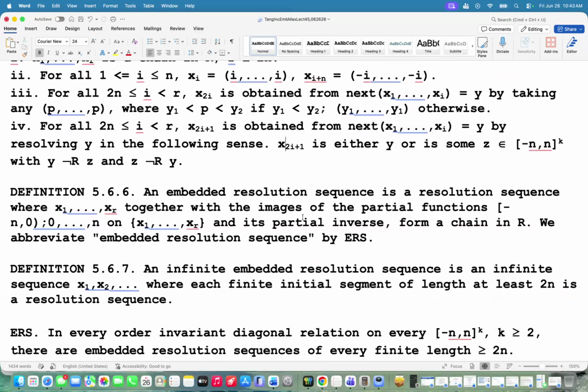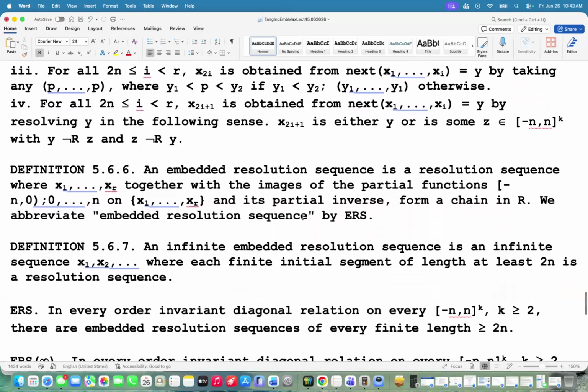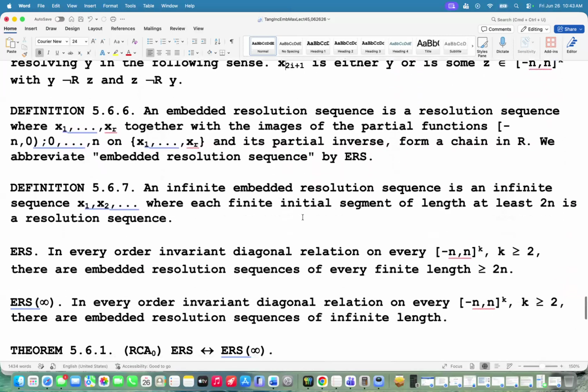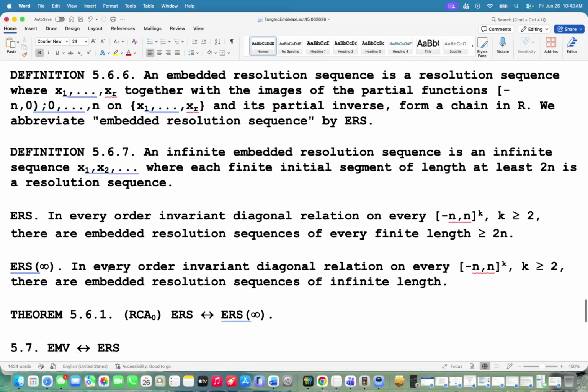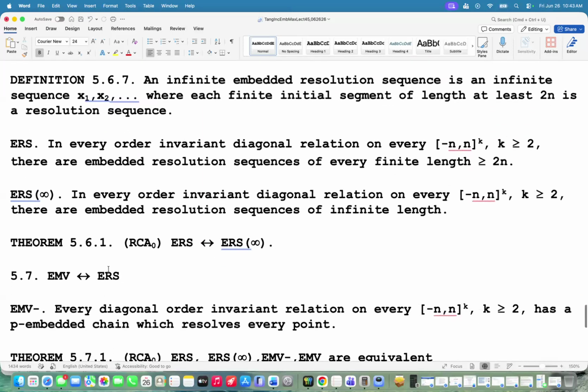So the easy result is, first of all, there's this compactness argument, or weak Koenig's argument, that ERS is equivalent to ERS infinity. But ERS and ERS infinity are very close.